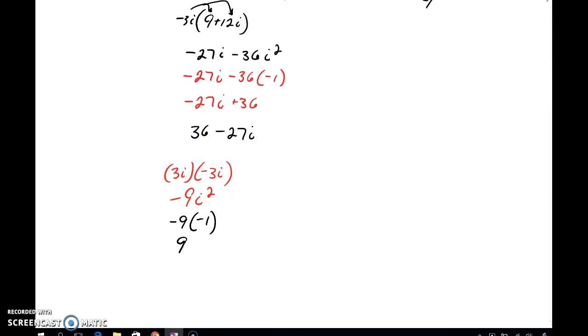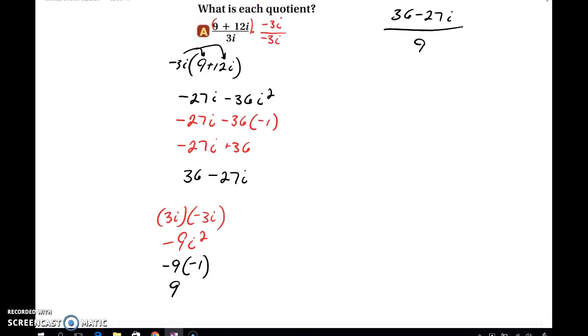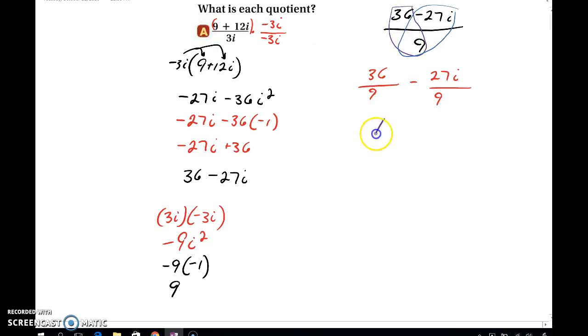So here, we can think about this as 36 over 9 and negative 27i over 9. Since 9 is divisible into all of those, 36 divided by 9 is 4, and 27 divided by 9 is 3. So our final answer will be 4 minus 3i.